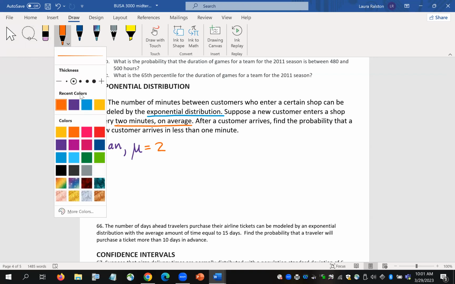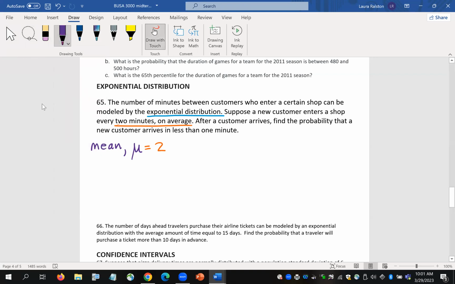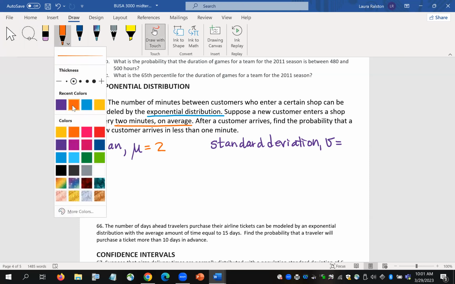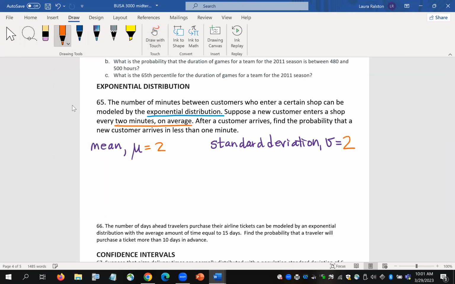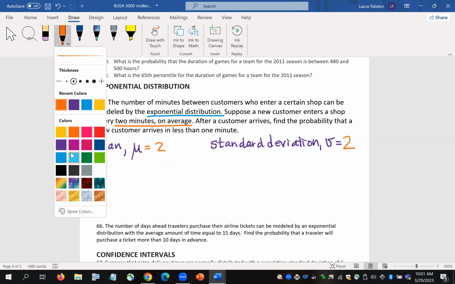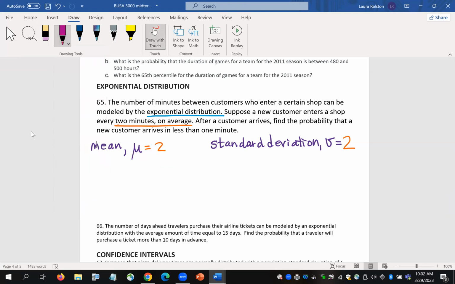It will also be true that the standard deviation will be 2, because for the exponential distribution, the mean is equal to the standard deviation. Now, I'll tell you that on that note sheet that I'll be posting.